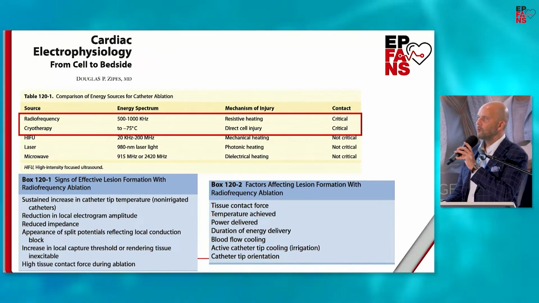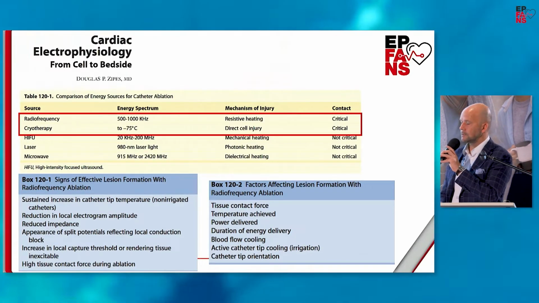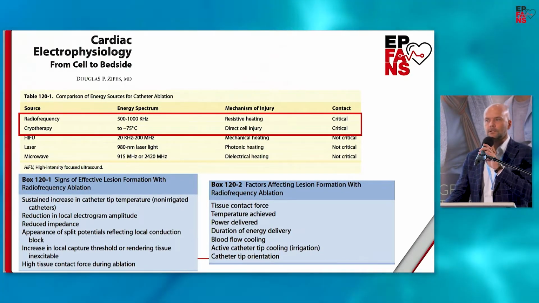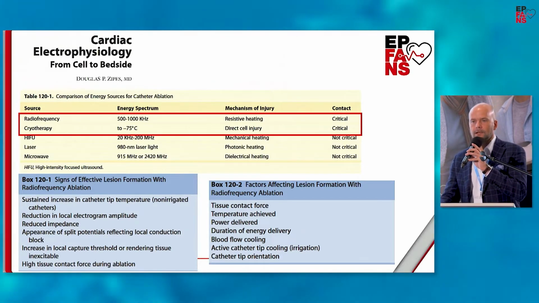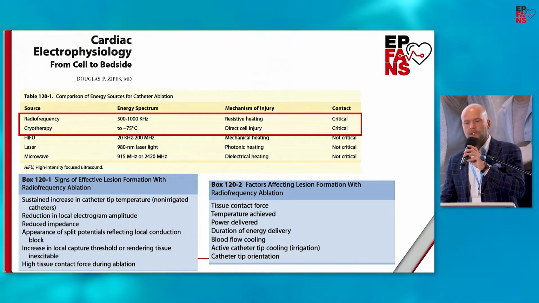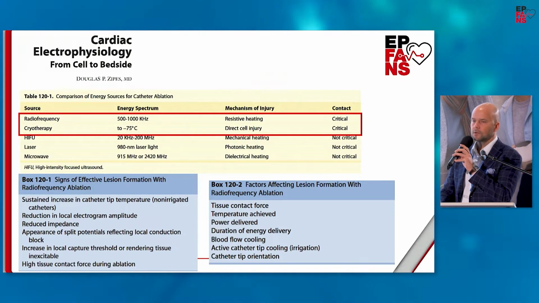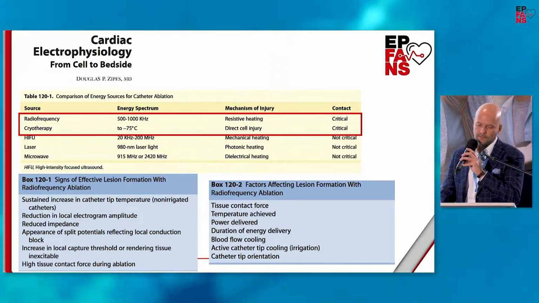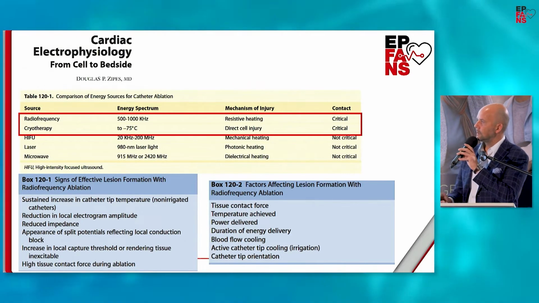The list starts with tissue contact force as a main and most important factor influencing the lesion creation. Tissue temperature achieved and power delivered are also extremely important. The application time is less important until we reach temperature and the power is delivered efficiently.